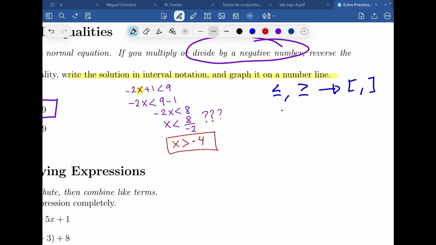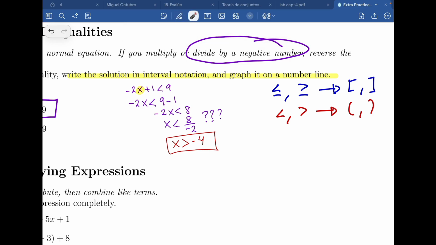When we have smaller or greater, we have parentheses, okay? So interval notation is a way to represent this inequality, but using this. So first we have is greater than, okay?